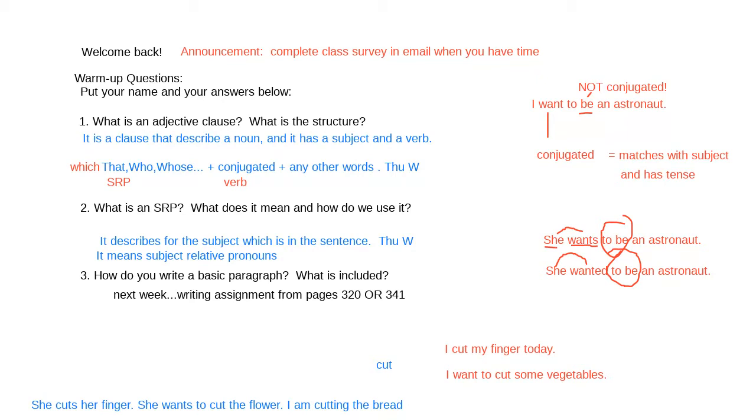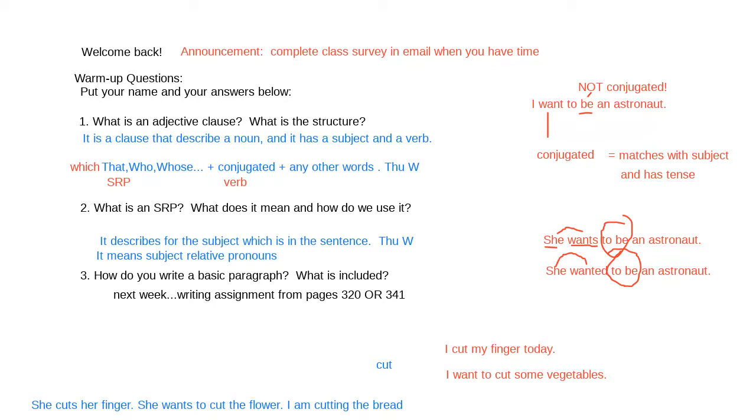So let's go back to the whiteboard screen. We've got adjective clauses, and yes, we do need to have a conjugated verb. So yeah, it is part of what we're learning. Conjugated means it has a tense, okay? So think about conjugated equals tense. What is tense?